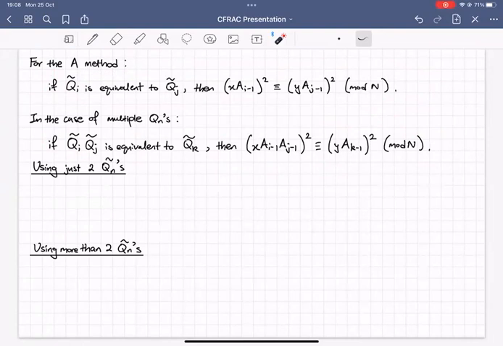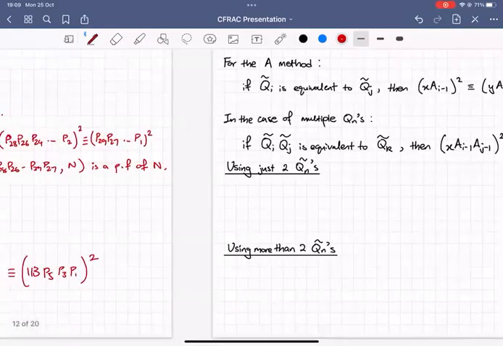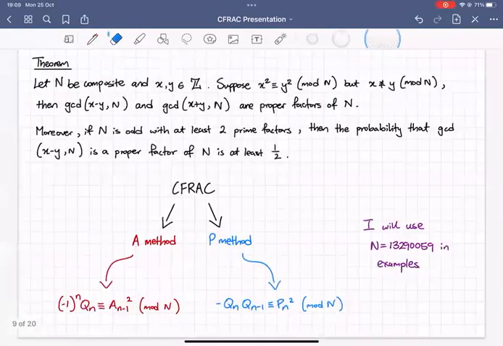So using just 2 QNs, we will go back to Q25 and Q29. But this time we use this congruence instead.